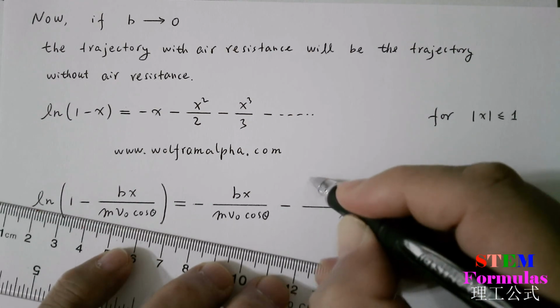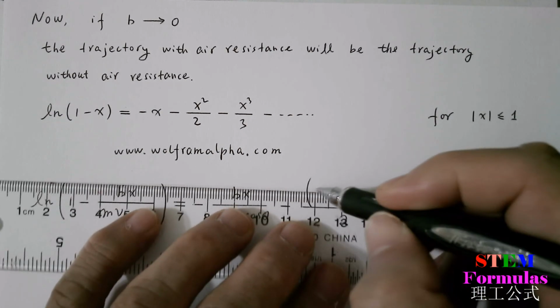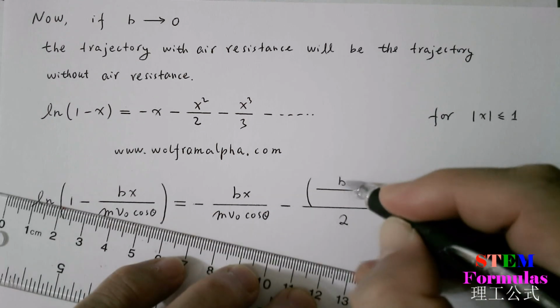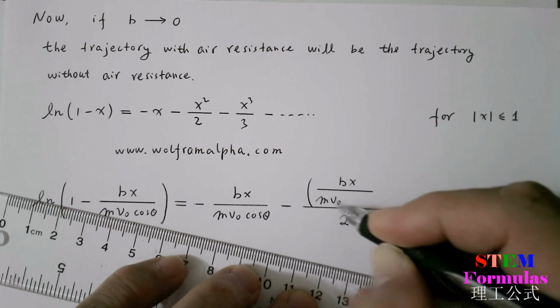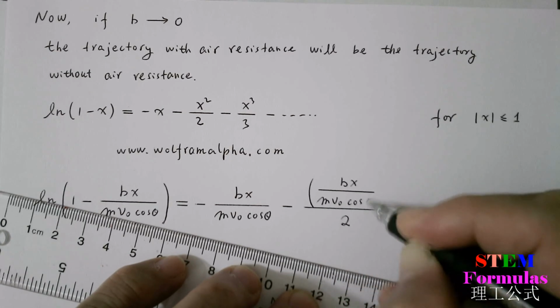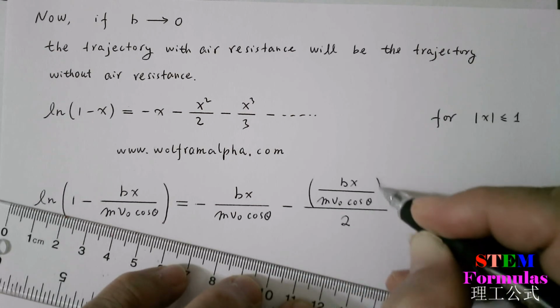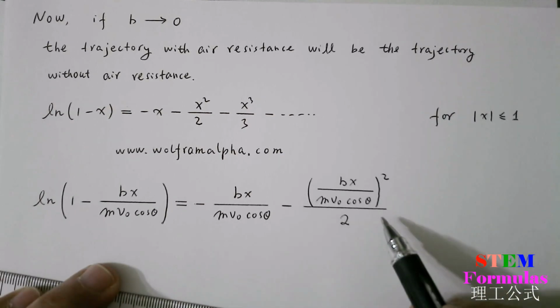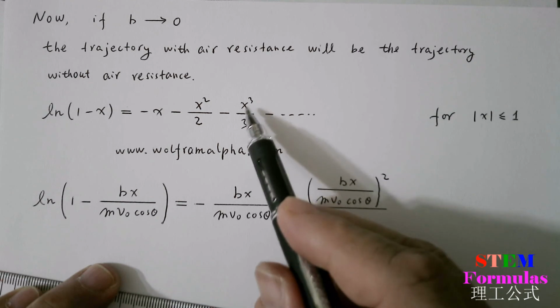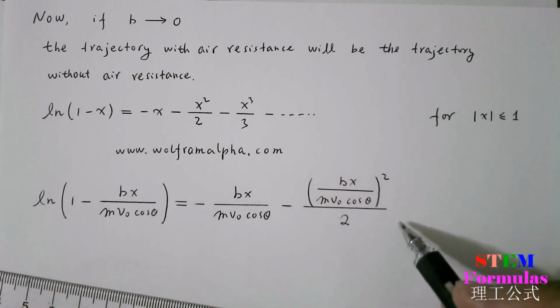On the top we have b x divided by m v0 cosine theta, bracket square. We only need two terms. The higher terms, even if we keep them, will go to 0.